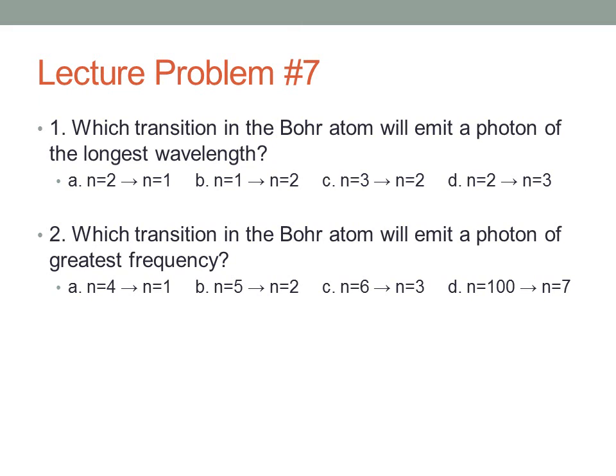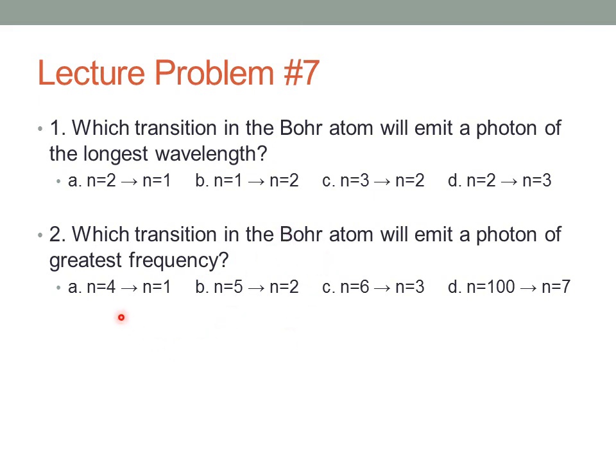Alright, question number 2. Which transition in the Bohr atom will emit a photon of the greatest frequency? Again, we are emitting a photon, so we can only deal with transitions where the energy state decreases. It just so happens that all of these are getting smaller, so all of these are still in play. Greatest frequency would be the greatest energy.